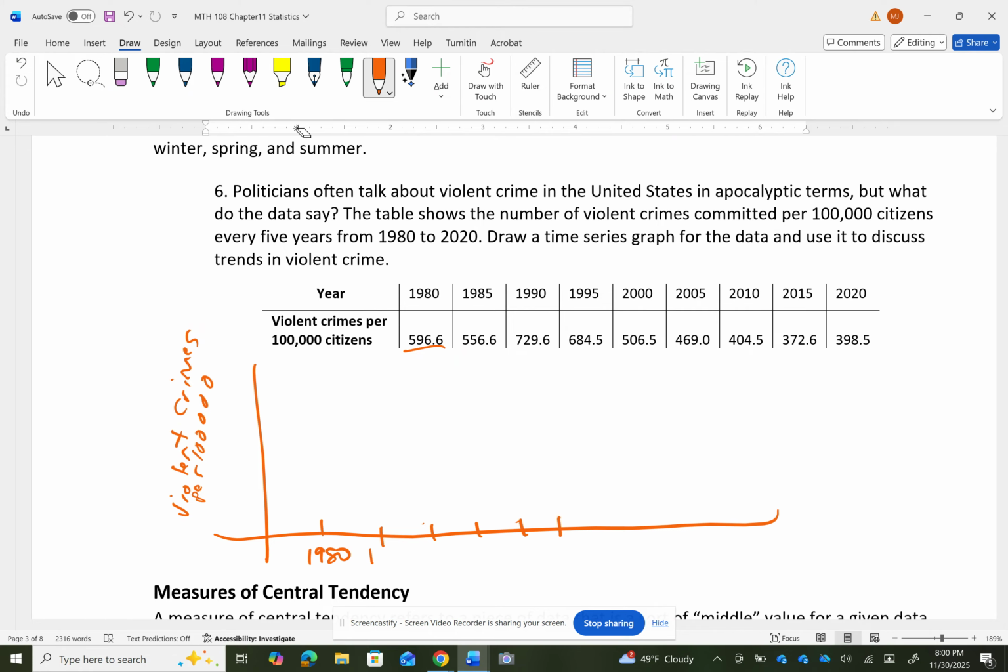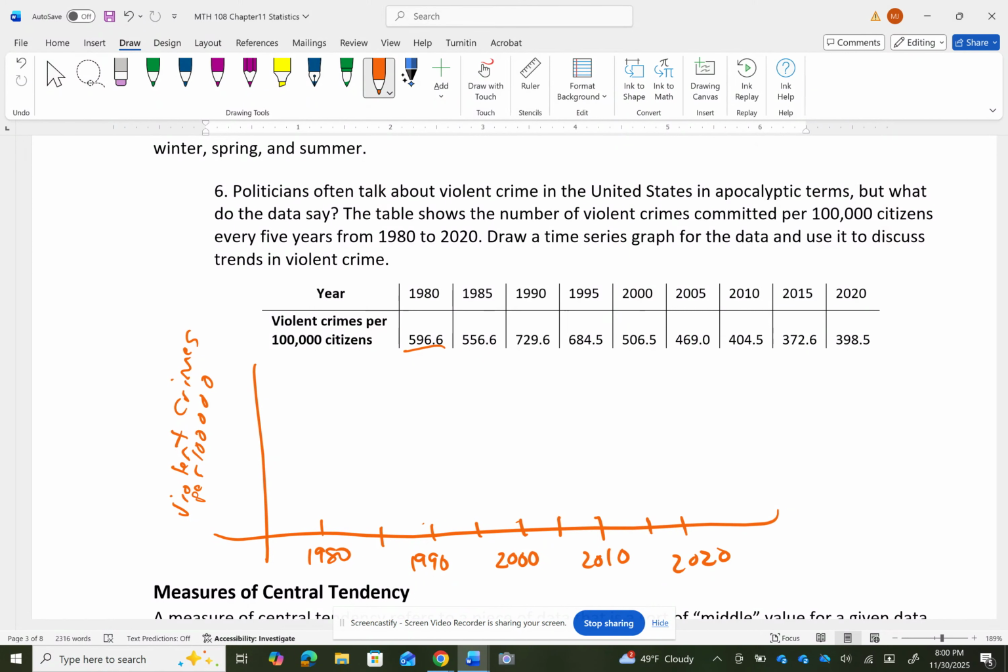So I'd do 1990 there, then 2000 here, then 2010, and then another for 2020. Pretend those are perfectly evenly spaced. I did a better job on my completed notes than I'm able to do drawing it this way.